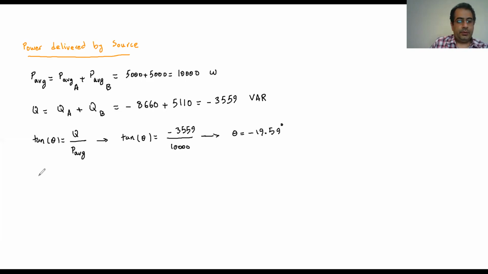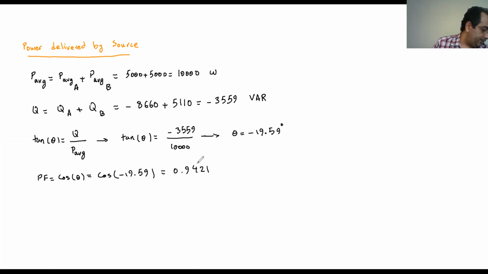And the power factor is the cosine theta, cosine of negative 19.59, so it would be 0.9421. So this is the power factor delivered by the source.